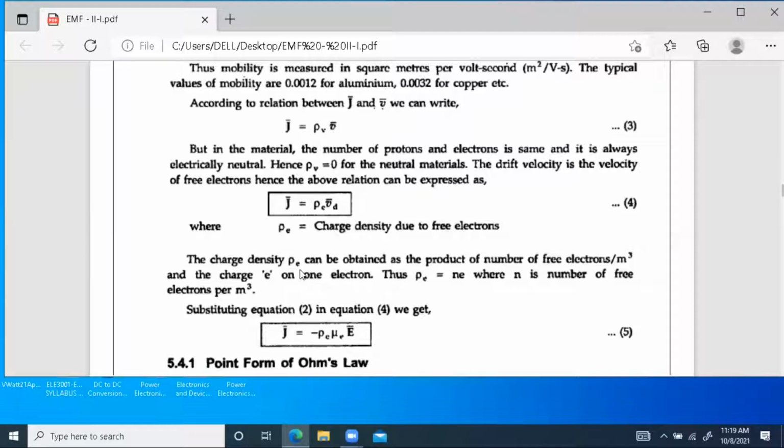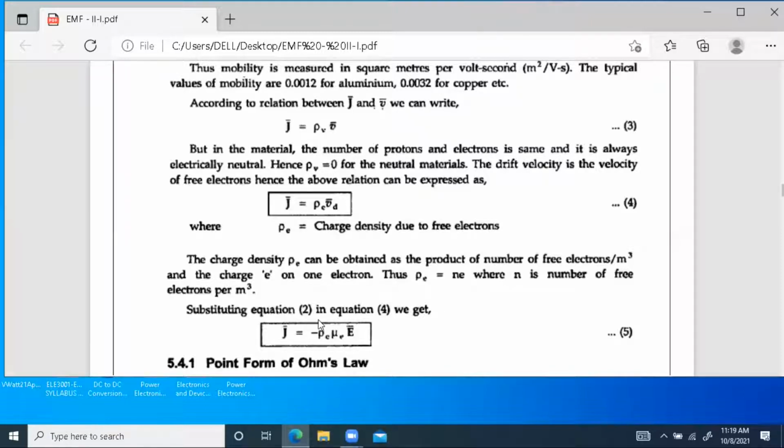The charge density can be obtained as a product of the number of free electrons per meter cubed and the charge e of one electron. Thus, charge density equals n times e.